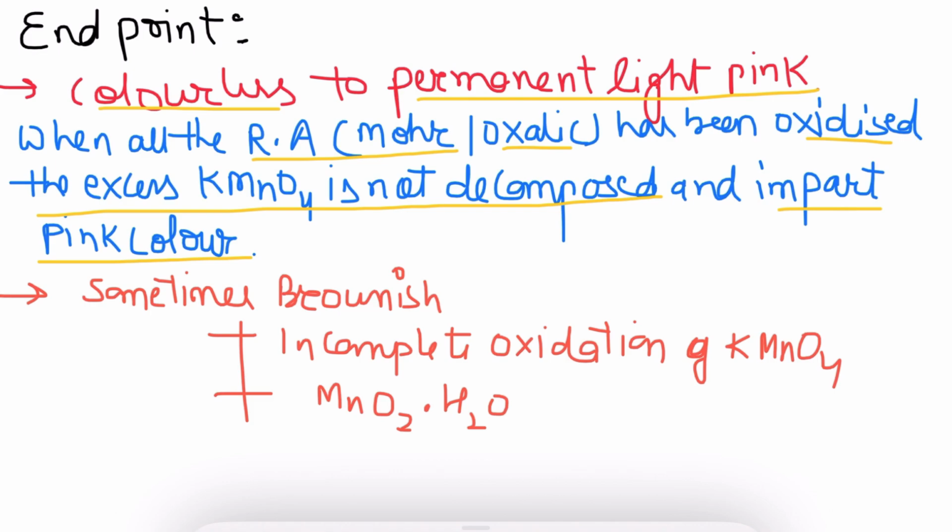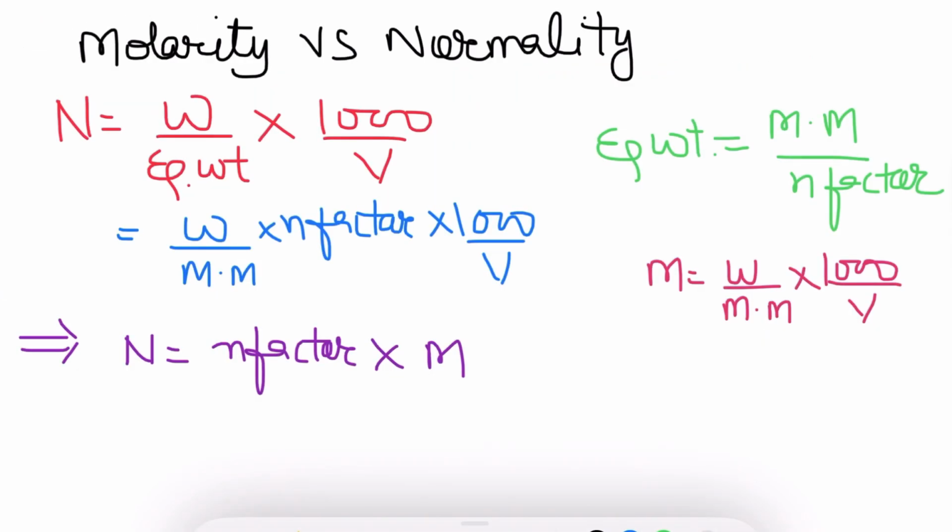Sometimes during the titration, brownish color is observed in the flask. That arises because of incomplete oxidation of KMnO4, or because of the formation of hydrated MnO2. In the titration of KMnO4 with oxalic or KMnO4 with Mohr, we use 4N sulfuric acid.